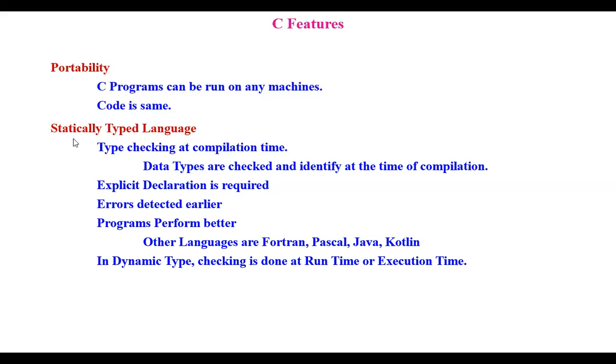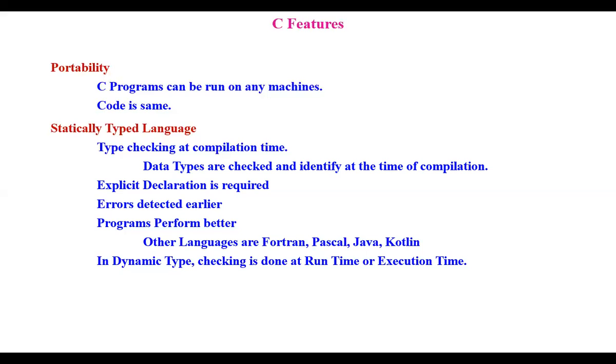The opposite of statically typed is dynamic typed. In dynamic typed programming languages, checking is done at runtime or execution time. When you have written a program, these programs are executed, and only at the time of execution will this error checking be done.